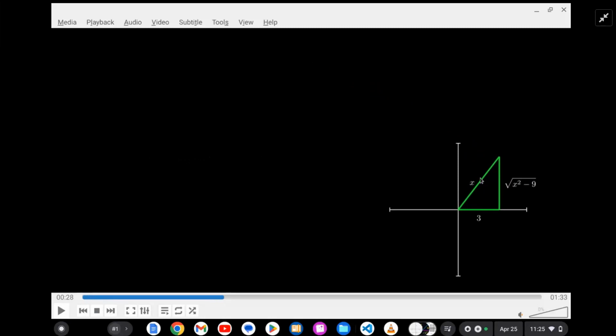All right. So there are some limitations on x. One is that x cannot be less than 3, right? The hypotenuse can't be less than one of the legs. And we can see it here in the square root too. If x is less than 3, then we have a negative in the square root.